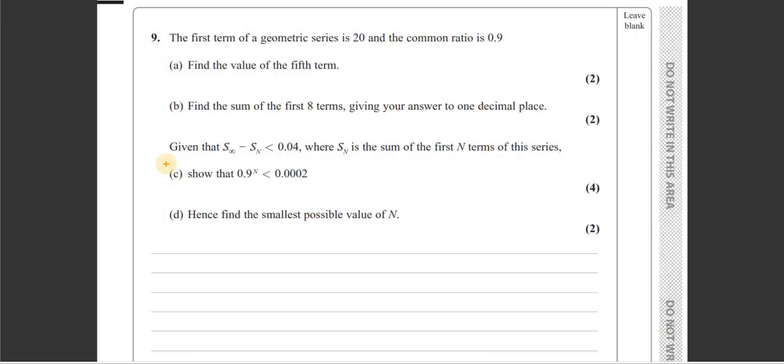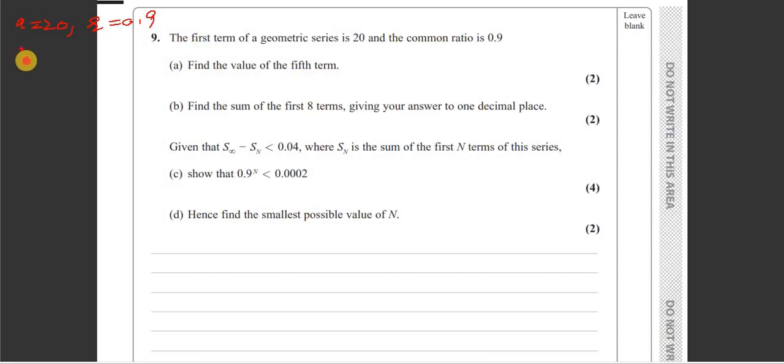Okay, so fine. A is 20 and R is 0.9. You need to find the value of the fifth term.